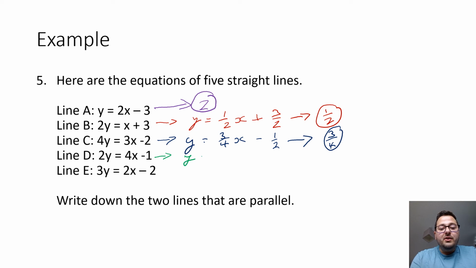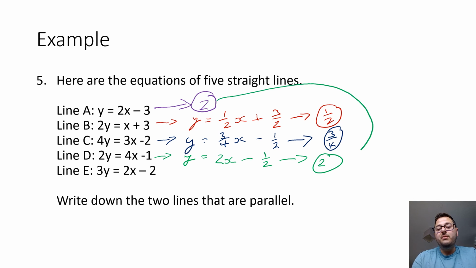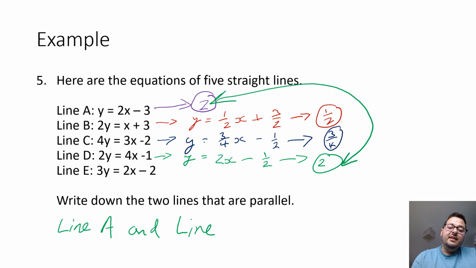So y is going to be equal to 4 divided by 2 is 2, so that's 2x minus 1 divided by 2, which is half. And the gradient of this is 2. Now here, I'm thinking I've got a match. I've got 2 there and I've got 2 there. So the two lines that are parallel are going to be line A and line D.